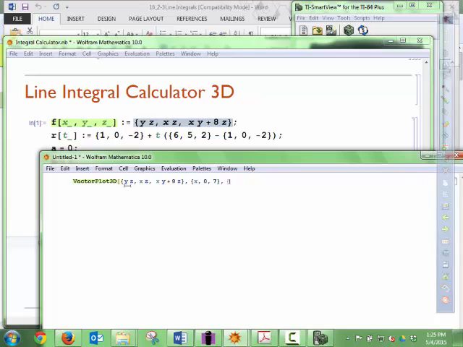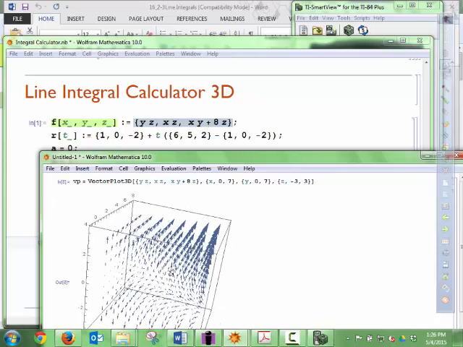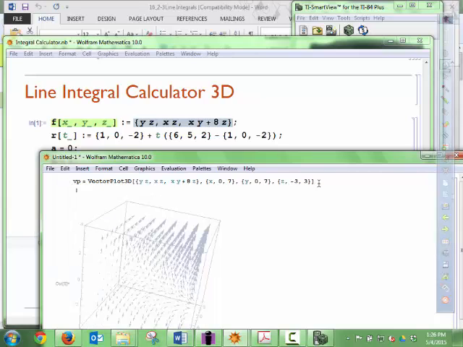Our y value goes from 0 to 5, so let's go 0 to 7 for that too. And our z value needs to include -2, so for that I'm going to go from maybe -3 to 3. So we have a 3-dimensional vector plot that looks like this. Let's throw the line in there somehow.